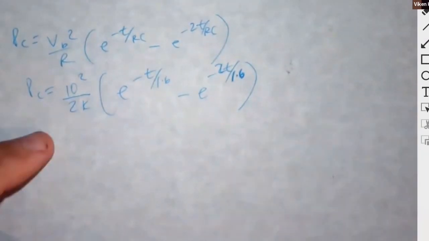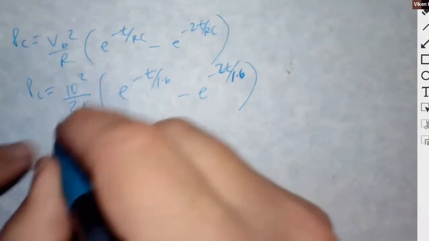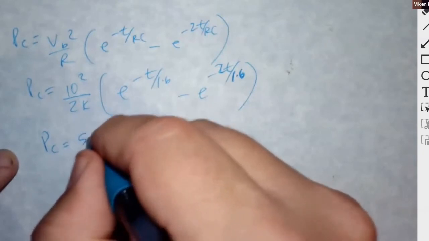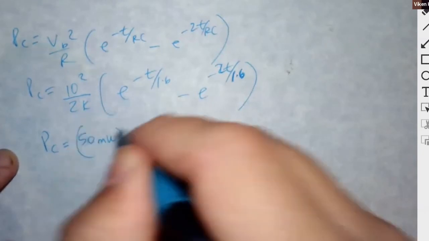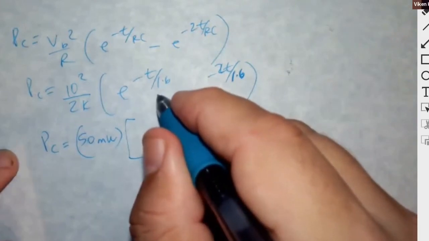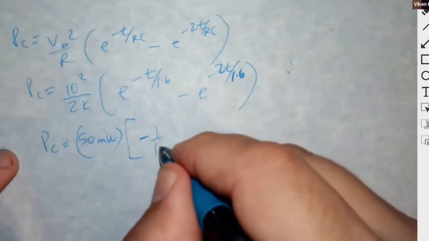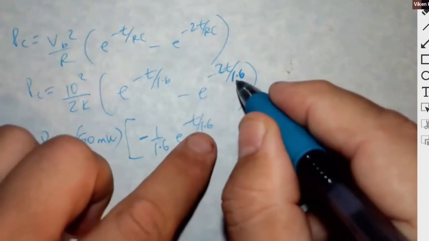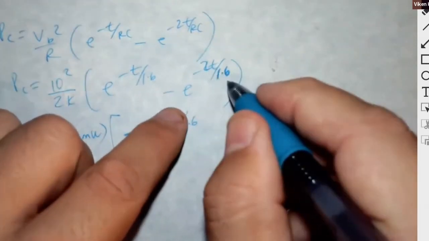Okay, so then this is going to be 100 over 2. That's going to be 50 milliwatts. And then the derivative of this is going to be negative 1 over 1.6. And the derivative of this is going to be negative 2 over 1.6.